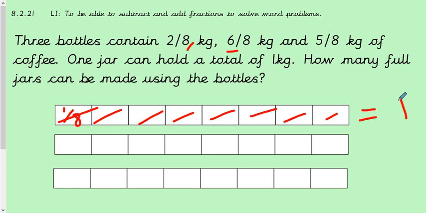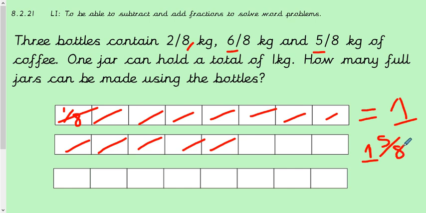So therefore we've got 1 whole already, and then we've got another 5, 1, 2, 3, 4, 5. So therefore it would fill up 1 whole and 5/8 jars. And the question says how many full jars can be made using the bottles, therefore it's 1. Okay, so hopefully that made sense using the fraction strip as well.